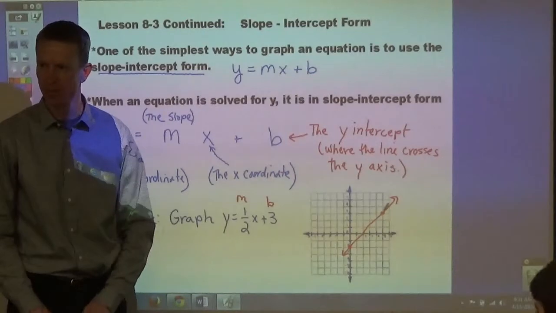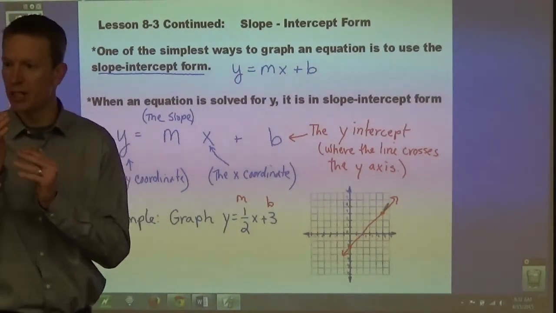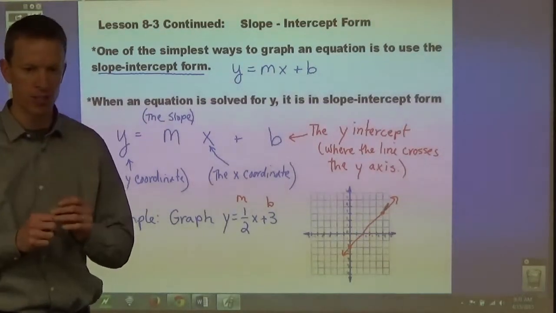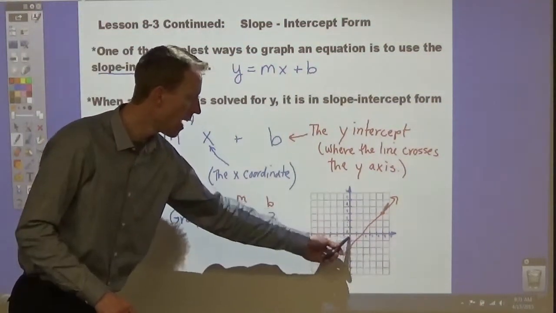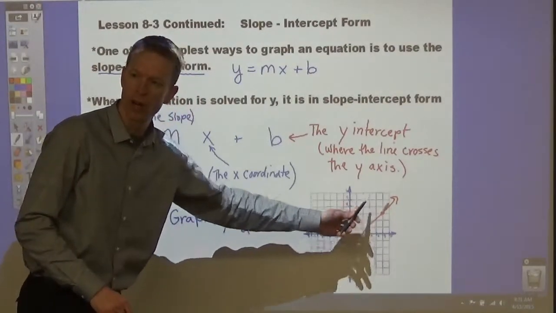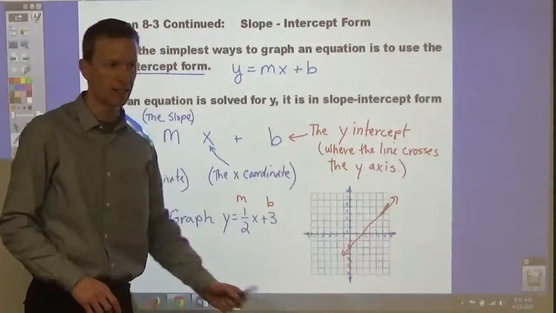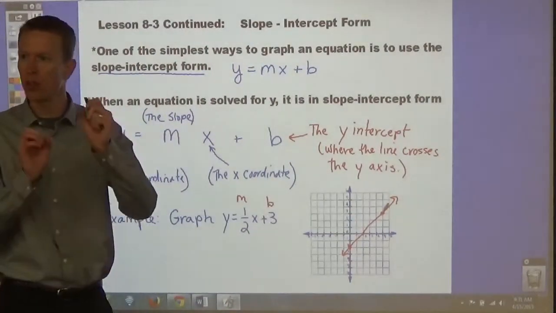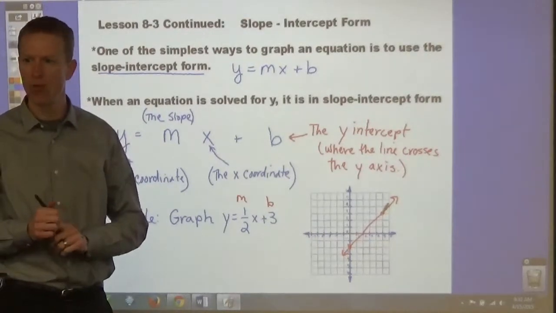Okay? Now, the reason I'm choosing a corner is that I can usually tell what numbers it's crossing at, and then I can easily count from one point to the other point. And that's the procedure for finding the slope of a line that's on the graph. Mark 2 points on the line where it crosses corners, and then what?